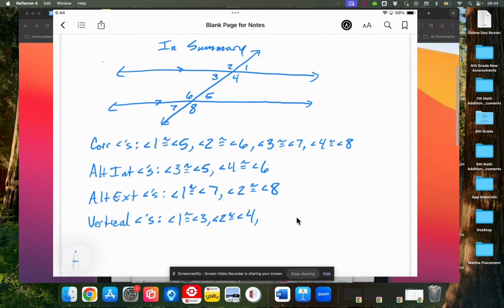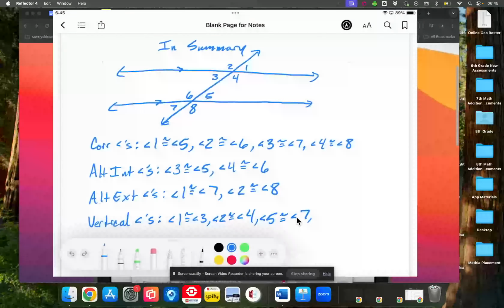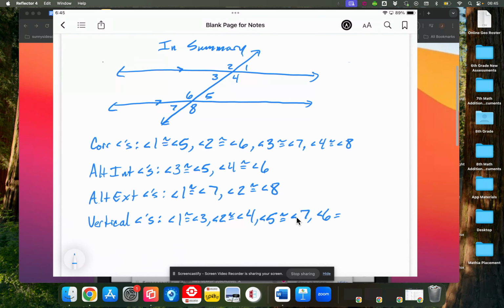In the bottom piece there, angle 5 shares a vertex with 7 and is opposite of it. So angle 5 is congruent to angle 7. And then lastly, angle 6 shares a vertex with angle 8, and they are opposite of each other. So angle 6 is congruent to angle 8.